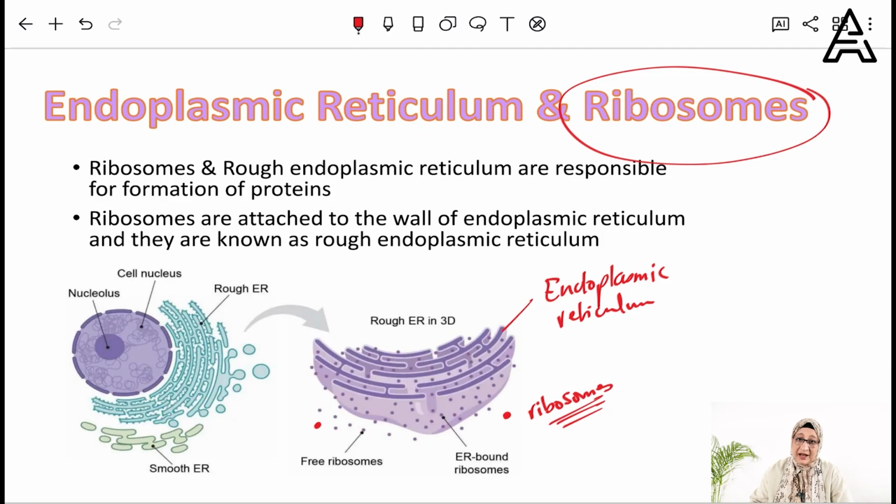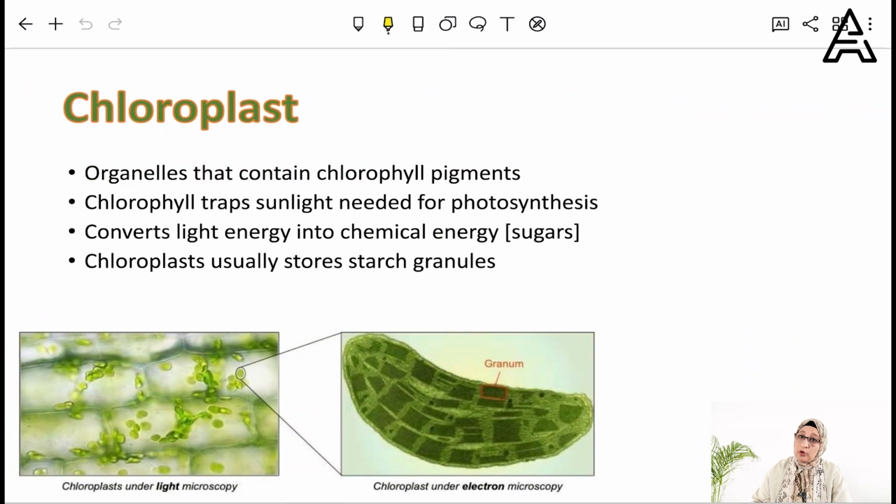Okay, so the ribosomes are either free in the cytoplasm or attached on the surface of the endoplasmic reticulum. So the factory of protein هم الribosomes. They're responsible for secretion or production or synthesis of all types of protein in your body. The ribosomes. Next organelle is the chloroplast.